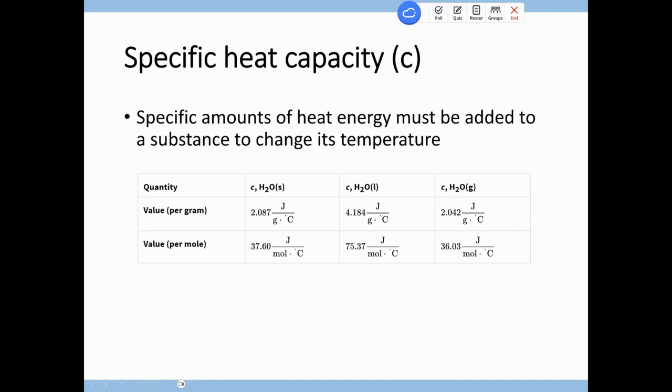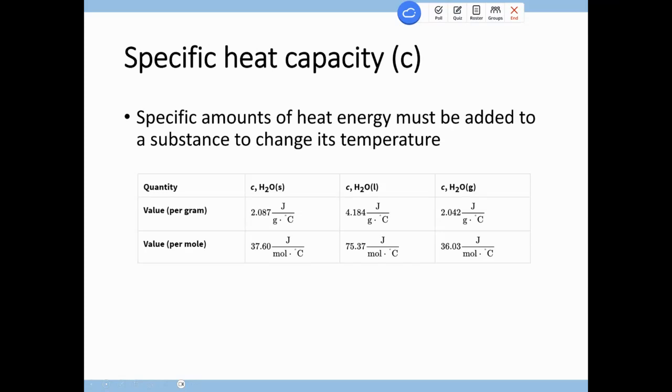This is the amount of energy that must be added to a substance to increase its temperature by 1 degree Celsius, or the amount of energy released by a substance to decrease its temperature by 1 degree Celsius. Specific heat capacity is defined for different substances. Here I have water as a solid, water as a liquid, and water as a gas, and then the values, if we are using per gram degree Celsius or per mole degree Celsius.